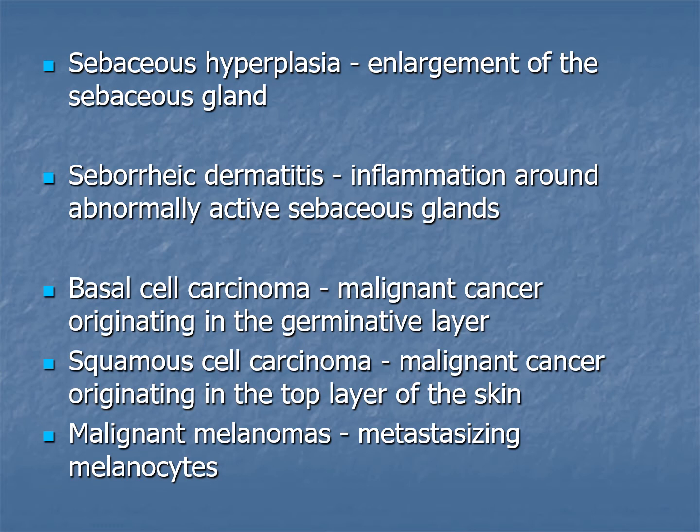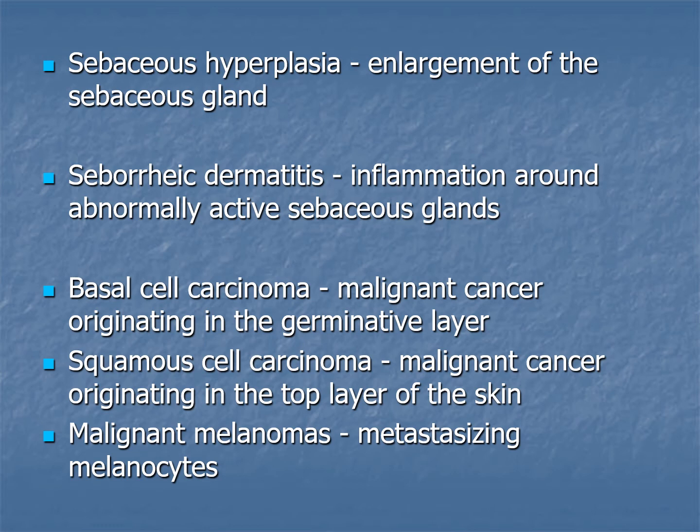So the clinical relevance of these appendages: sebaceous hyperplasia leads to enlargement of sebaceous glands, which is visible in rosacea and acne. Seborrheic dermatitis is due to increased activity of the sebaceous gland and inflammation around them.